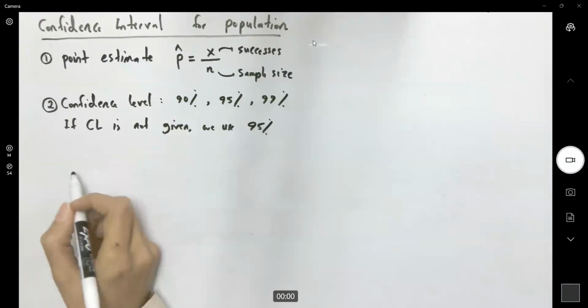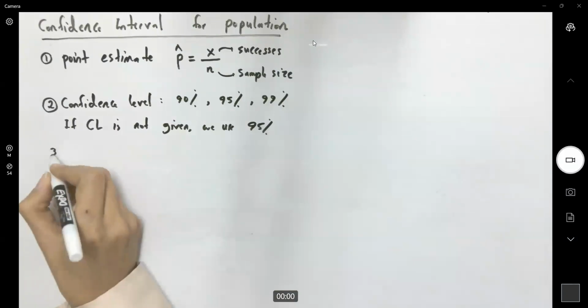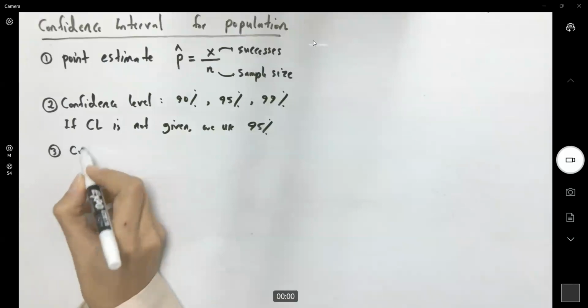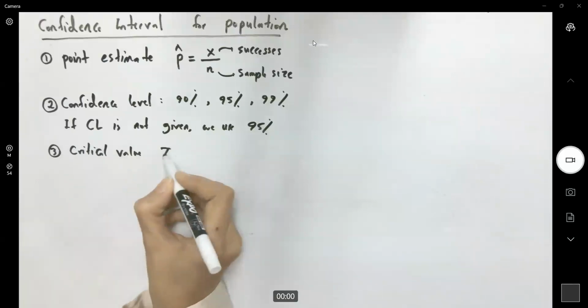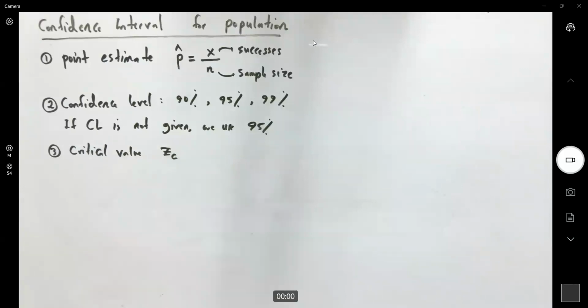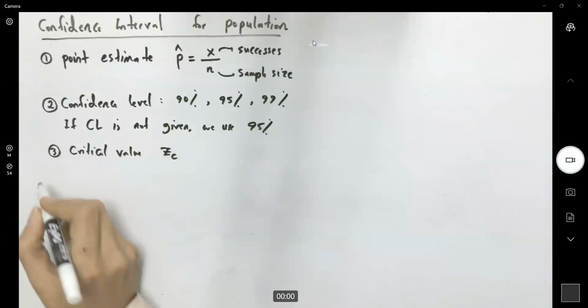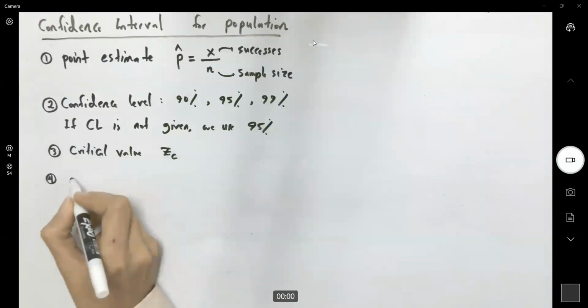After finding the confidence level, we are interested in finding the critical value, which is Z sub C. After finding the critical value, then we are interested in finding what is the margin of error.